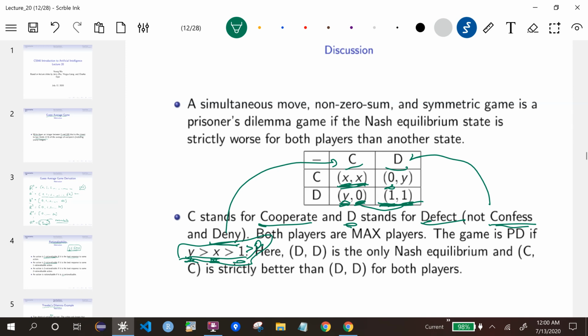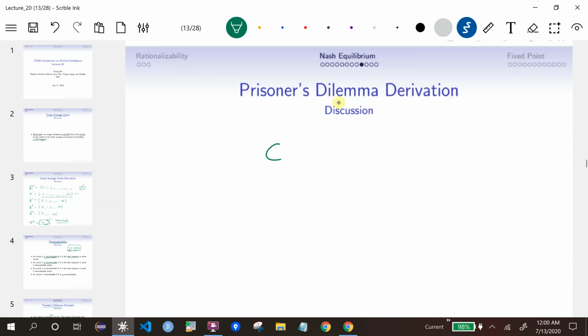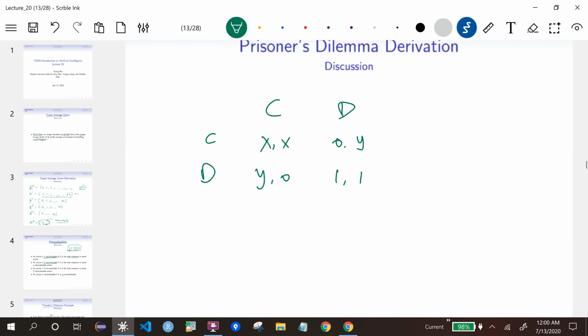Okay, so that's the game, and we want to somehow systematically solve this. So x, y0, 0y, and 1, 1. Using the definition of Nash equilibria, we need to check all possible pairs of actions and check if they are best responses.